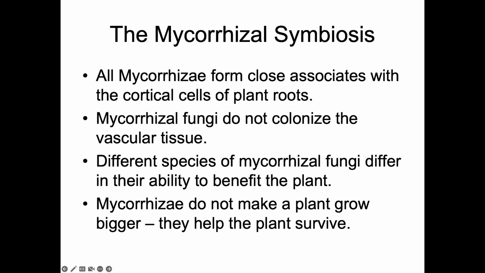The other part is mycorrhizal fungi do not colonize the vascular tissue of a plant. It never interferes with water uptake and nutrient movement through the plant. Those are pathogens, and a mycorrhizal fungus will not do that. It colonizes the outer cortical cells of the roots. And again, keep in mind, the roots during the year are constantly growing and moving, and so are the arbuscular mycorrhizae.